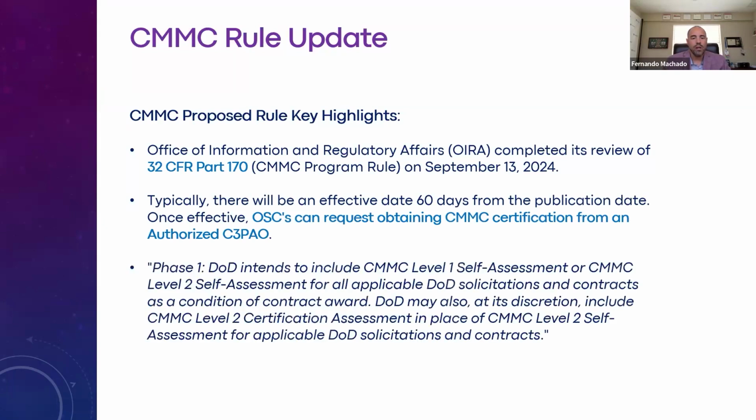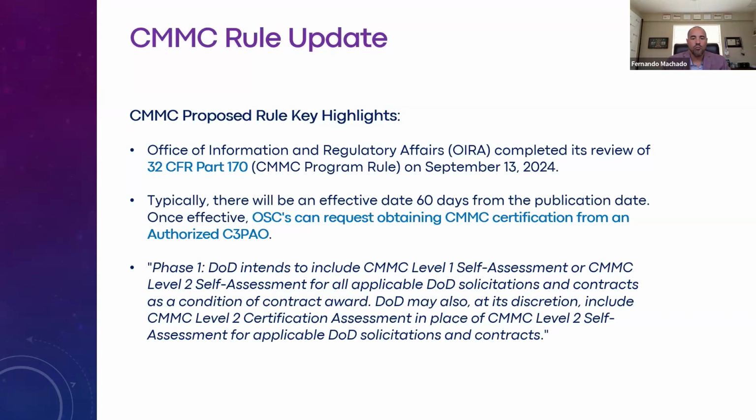Yeah, so once the rule is published in the Federal Register, there's typically a 60-day period from the time that it's published to the time that it goes effective. It could be 90 days, it could be longer, but usually what we've seen in the past, it's been about 60 days to that effective date.